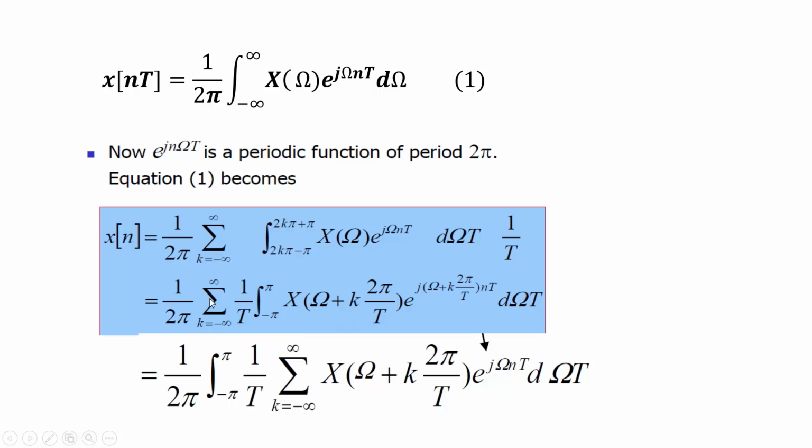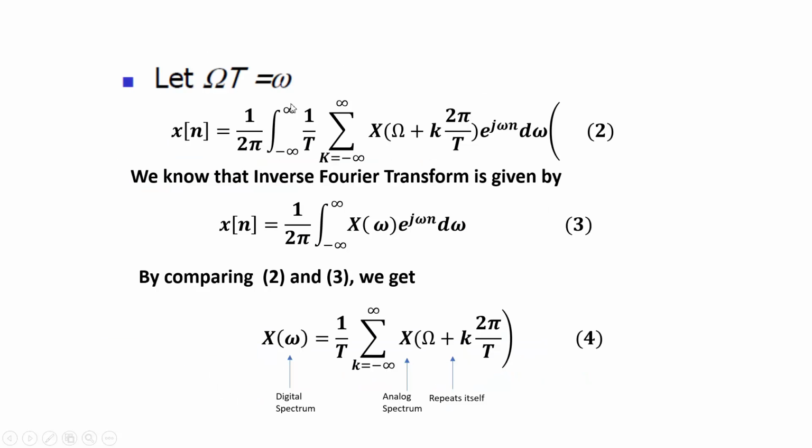Going further in doing the manipulations, I can take the sigma inside the integral and the integral outside, so the rest of the equation remains the same. Now, I know that small omega, which is the digital frequency, is equal to big omega, which is the analog frequency, times the sampling period.